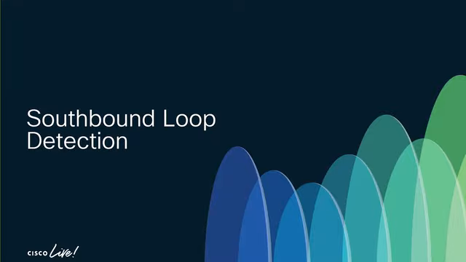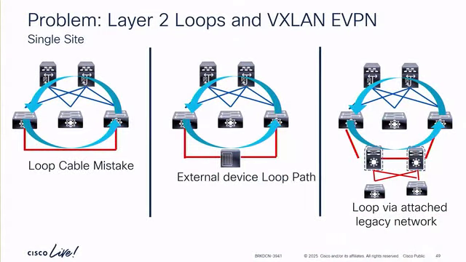Now we'll move on to southbound loop detection, right? So we looked at methodologies to contain our storms. Now let's look at southbound loop detection. Now, with the VTEP, yes, northbound on the fabric interface, we have layer 3 interfaces. But southbound, you could connect a layer 2 network.